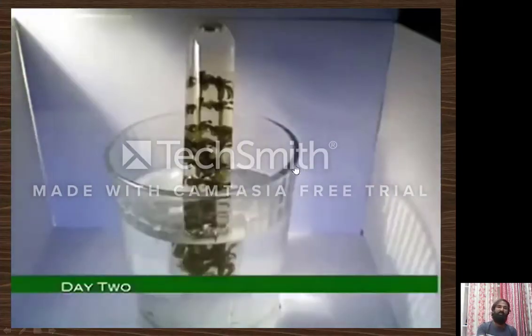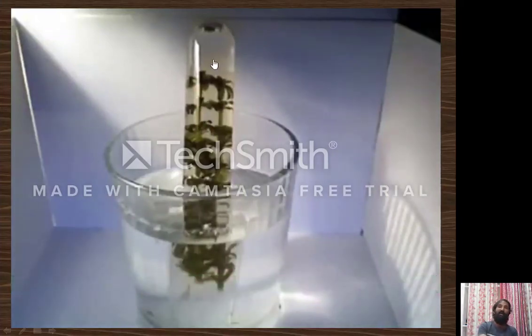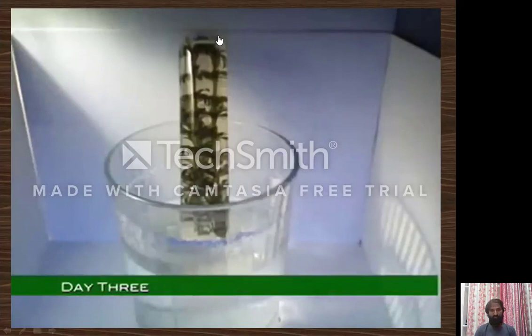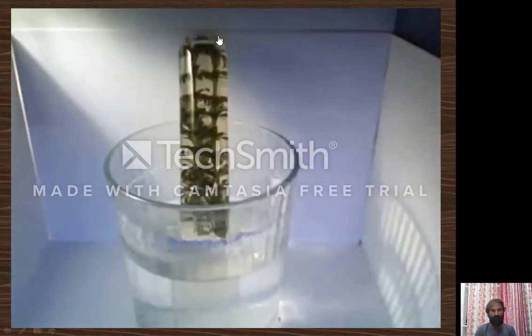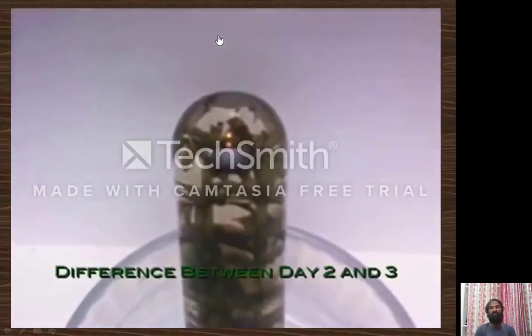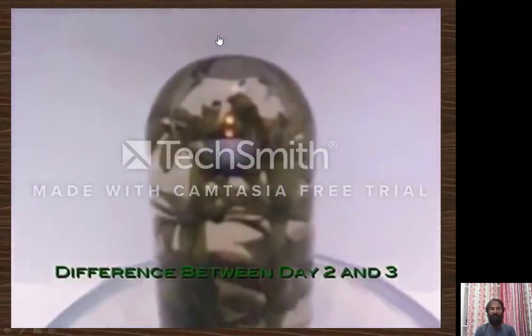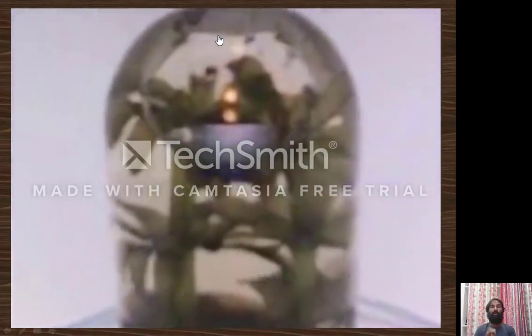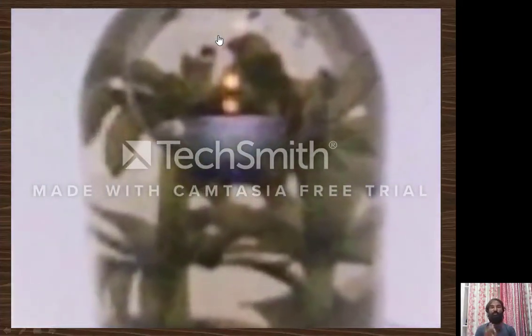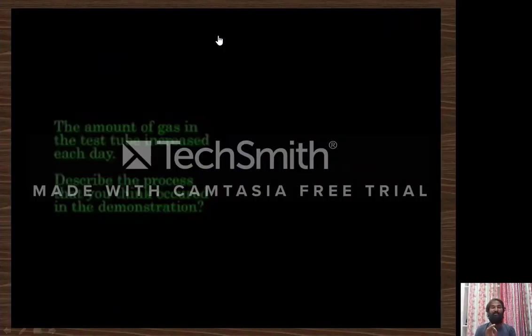Gas bubbles are formed around the plant and at the tip of the test tube, which indicates the plant is involved in photosynthesis in the presence of light. The oxygen is released during photosynthesis in the presence of light only. If we keep this experiment in the dark, no oxygen is produced.